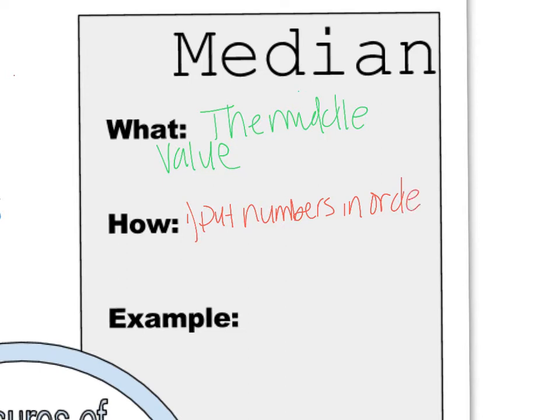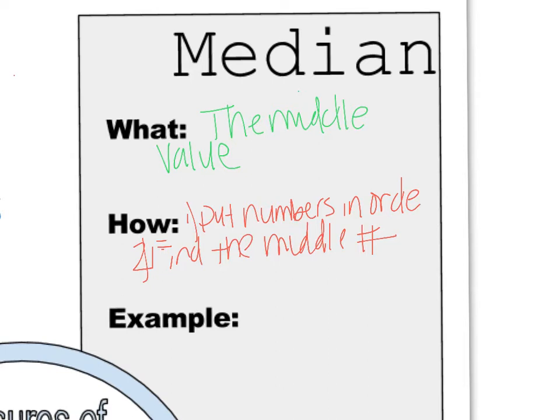So you put the numbers in order from least to greatest, and you find the middle number. That's your second step. Now, one thing to note is that if there are 2 numbers in the middle, then you find the mean of those numbers. So you're going to find the number directly in between those 2 numbers.